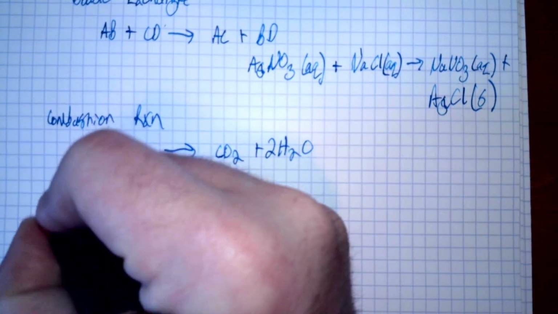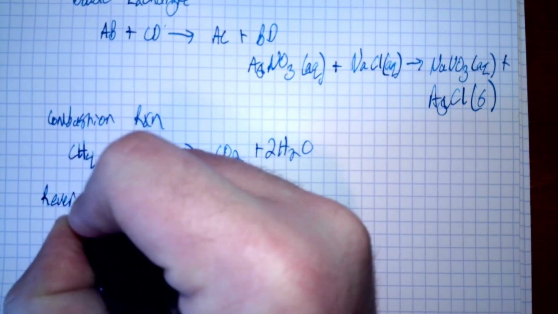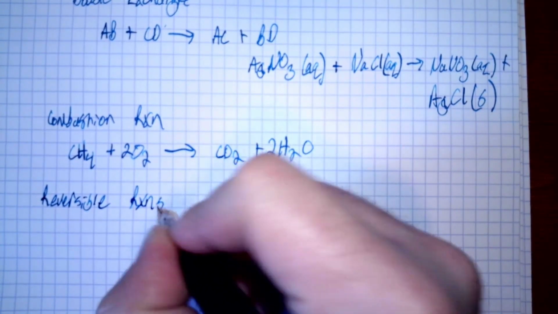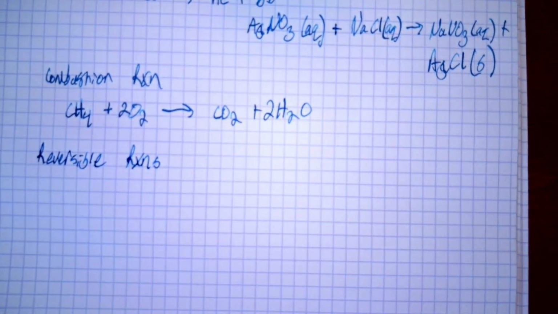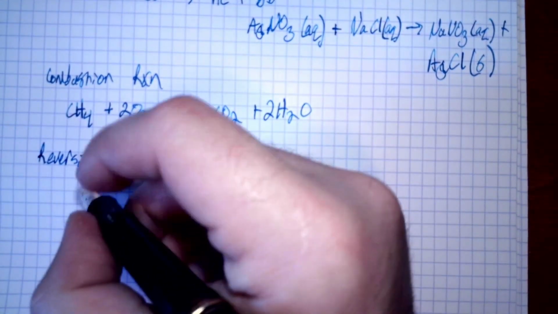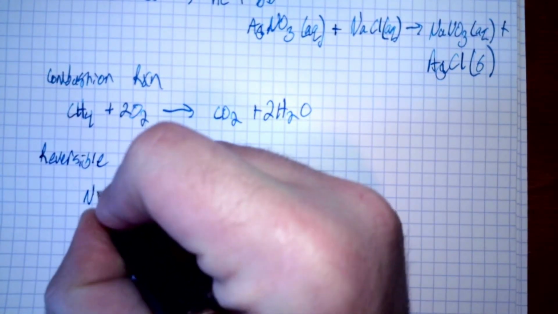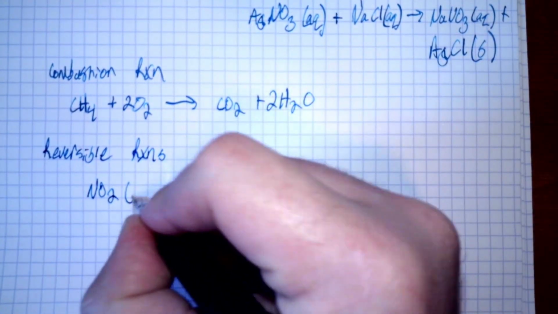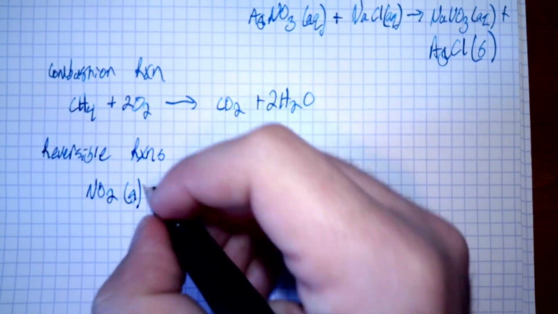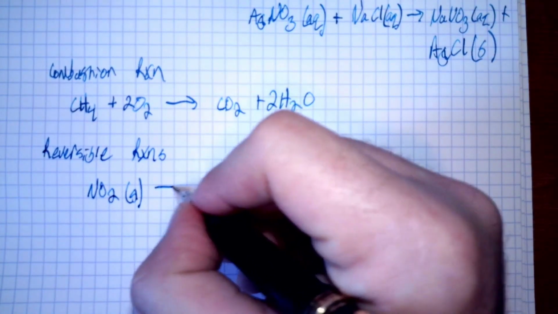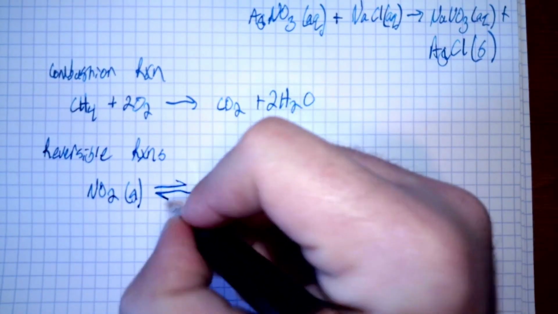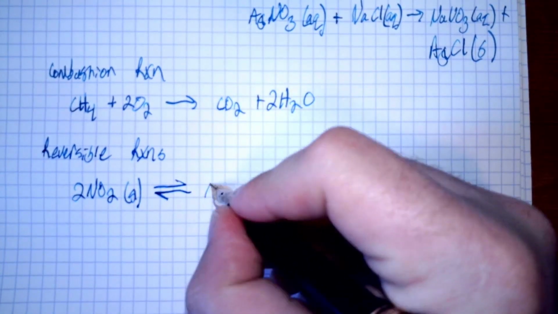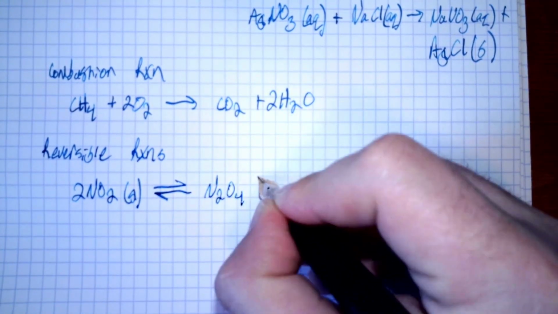But we can have these things called reversible reactions. Where, let's say just for example, we take NO2 gas, we put this in a sealed flask, and this will actually react with itself to give us N2O4 gas.